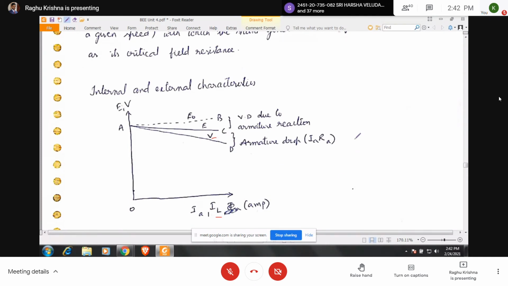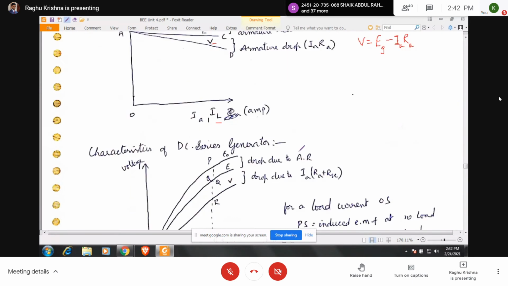We know that V equals Eg minus IaRa. But here there will be one more voltage drop, due to armature reaction. So this we are going to do in the lab.